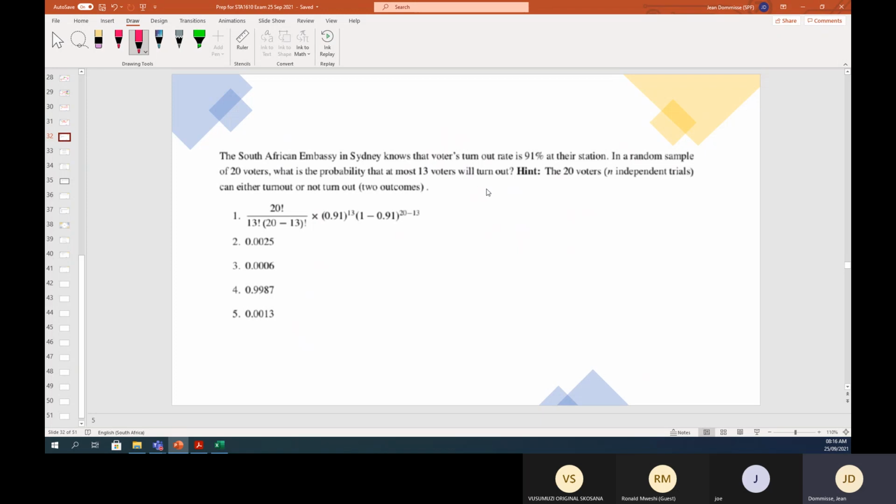Okay, so when we start with the next, every time, if they don't tell us, we need to first find out for ourselves: is it a binomial distribution or is it a Poisson distribution?